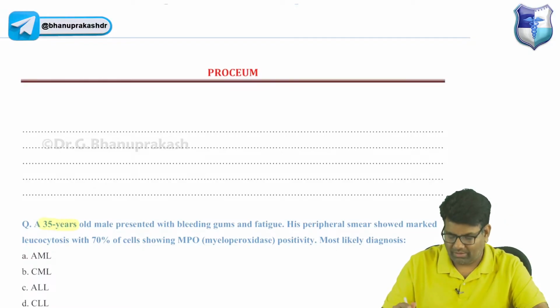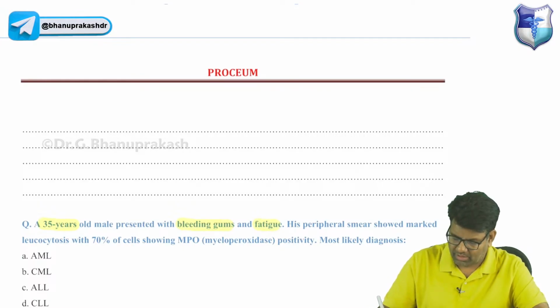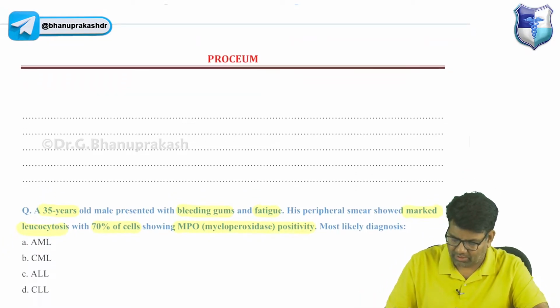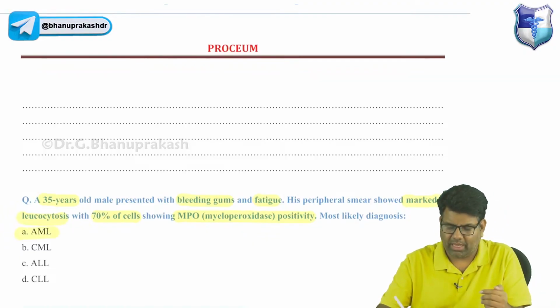35 years with bleeding gums and fatigue. There is marked leukocytosis and 70% of the cells are having myeloperoxidase positivity. Very good. This is classical description for AML.